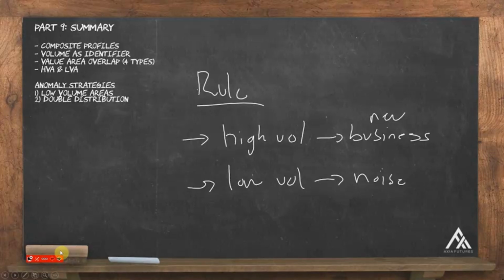So again, that was the key takeaway in terms of volume as a key identifier. So just make sure when talking about volume, you're interpreting: is it relatively high volume, showing potential new business and potential for momentum, or is it low volume, which is far more noise and far more likely to see mean reverting type strategies.